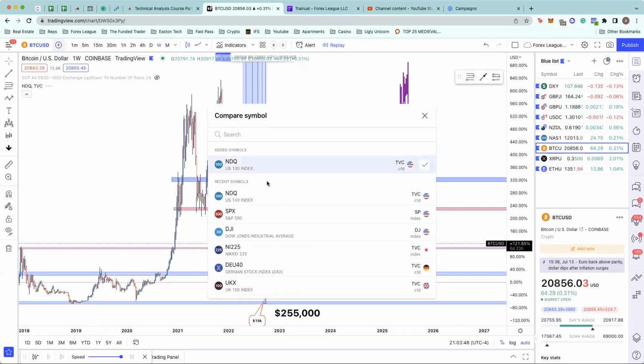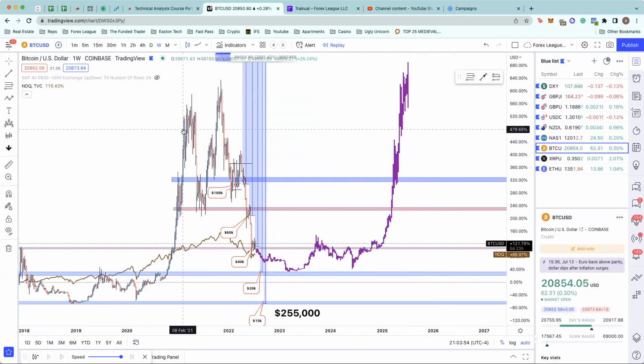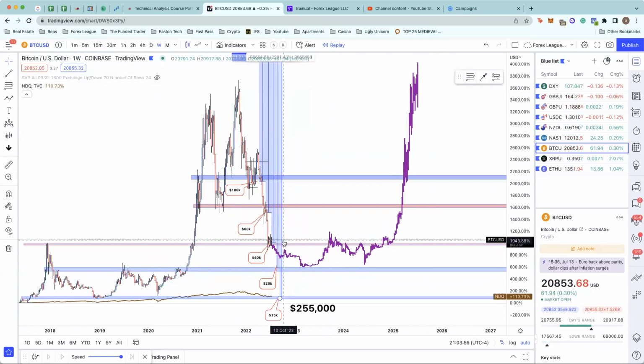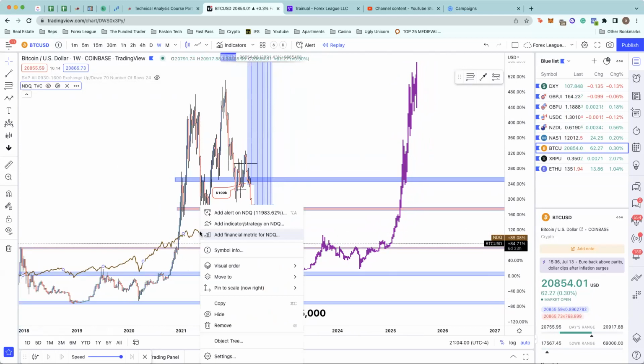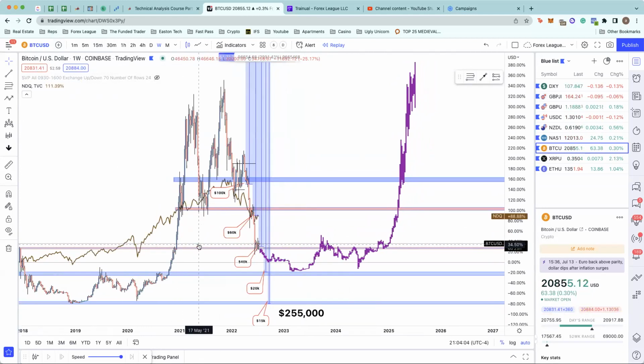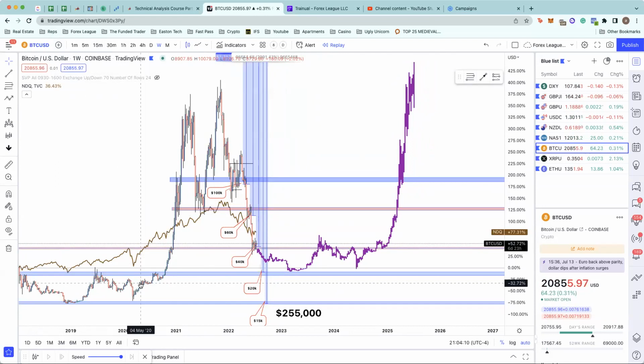How do we compare? I'd love to compare Nas 100 to this. How do we do that? To do side by side, you mean? Is this Nas 100? Okay, so look how this correlates. It's kind of crazy.